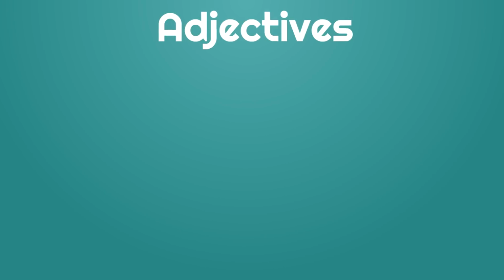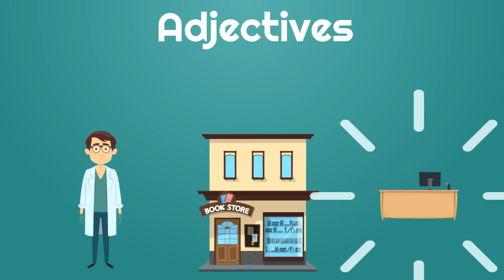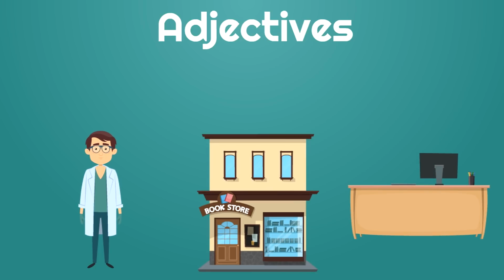So let's look at some adjectives for these nouns that we shared. The doctor, the bookstore, and the desk. The doctor. Two adjectives we could use to describe this doctor are tall and smart. Tall and smart describe this doctor, and the doctor is the noun. Remember, bookstore is a noun too.